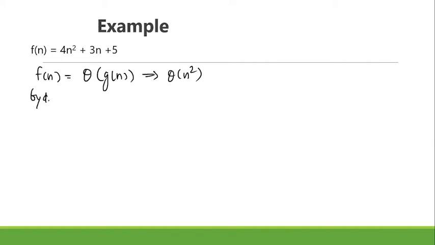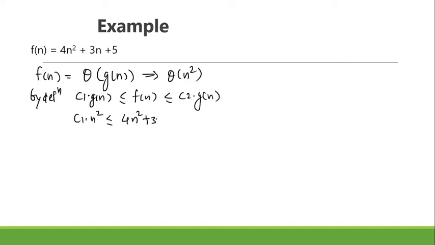So by definition, it says we should have c1 dot g of n less than or equal to f of n less than or equal to c2 dot g of n. That means c1 n square should be less than or equal to 4n square plus 3n plus 5 less than or equal to, we'll have c2 n square.